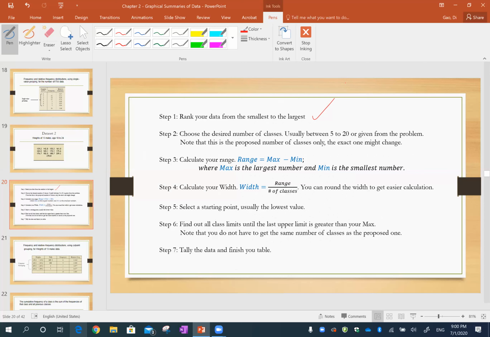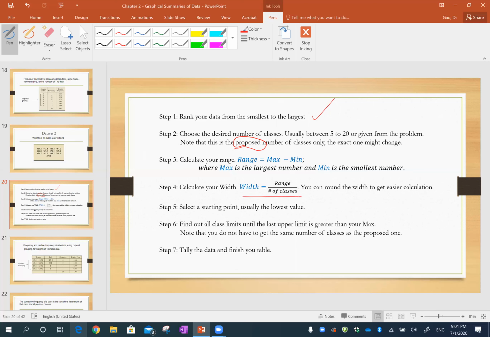And know that this is only the proposed number of classes. The exact one might change. What does proposed mean? When we look at the width, we choose a way to calculate the width, and that is a number, most likely with decimals.